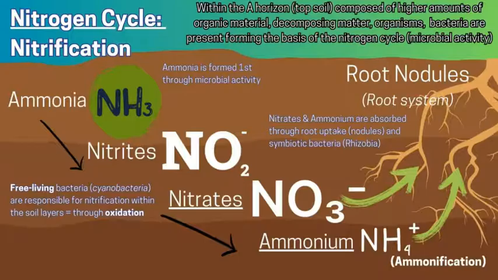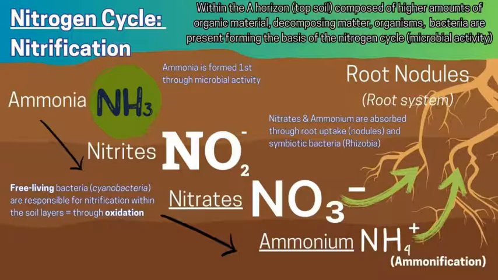Now nitrites, which is NO2 minus or negative, is the next step in nitrification. So basically you're going to take the nitrogen and add in the oxygen. So you have oxidation or oxidizing.